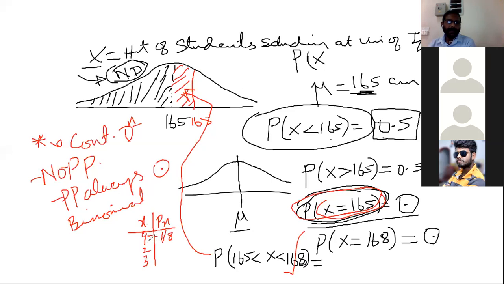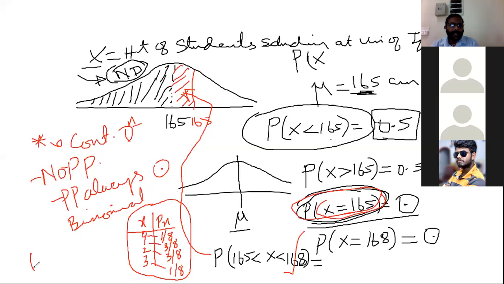So 3/8, this is also 3/8, and 1/8. I'm just putting the values which we already found in our previous lectures. Can you remember a table like this? Yes, right. So this is a binomial distribution.